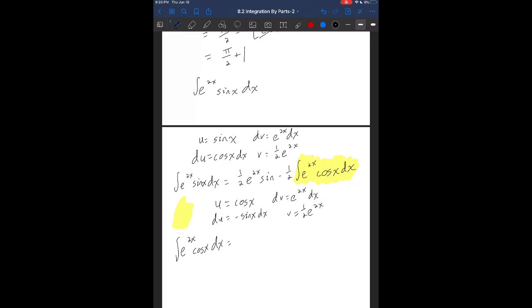u times v, so 1/2 cosine x e to the 2x, and then minus a negative sine of x e to the 2x, negative 1/2, so positive 1/2 e to the 2x sine of x dx.